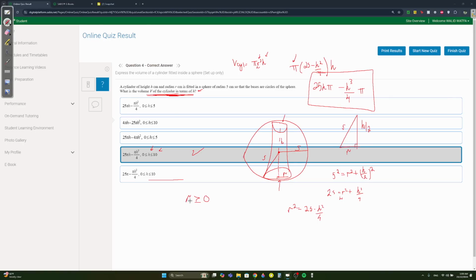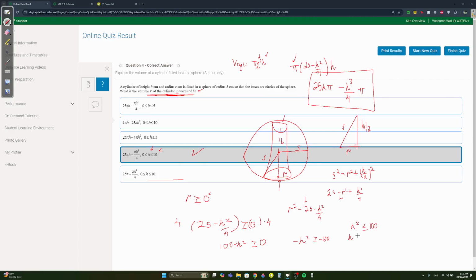I know what radius squared is, but since it's with 0, it doesn't really matter. So you can just substitute like this. And if you solve this inequality, multiply by 4 on both sides, you're going to get 100 minus h squared greater than or equal to 0. Take 100 to the other side, you get minus h squared greater than or equal to minus 100, divide by minus on both sides.